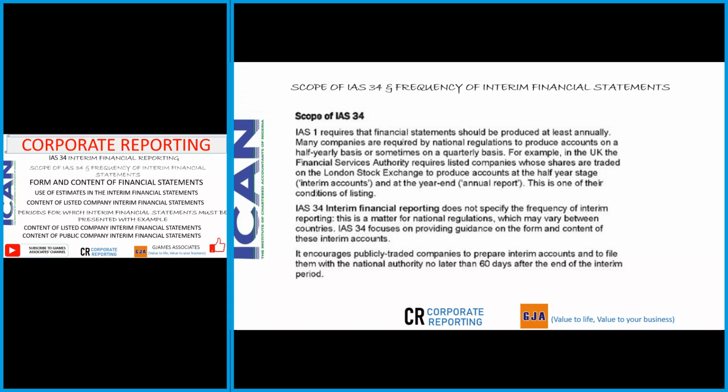So when we're talking about the scope of IAS 34, unlike IAS 1 on presentation of financial statements, it does not really specify how many times we should release interim financial statements in a year.